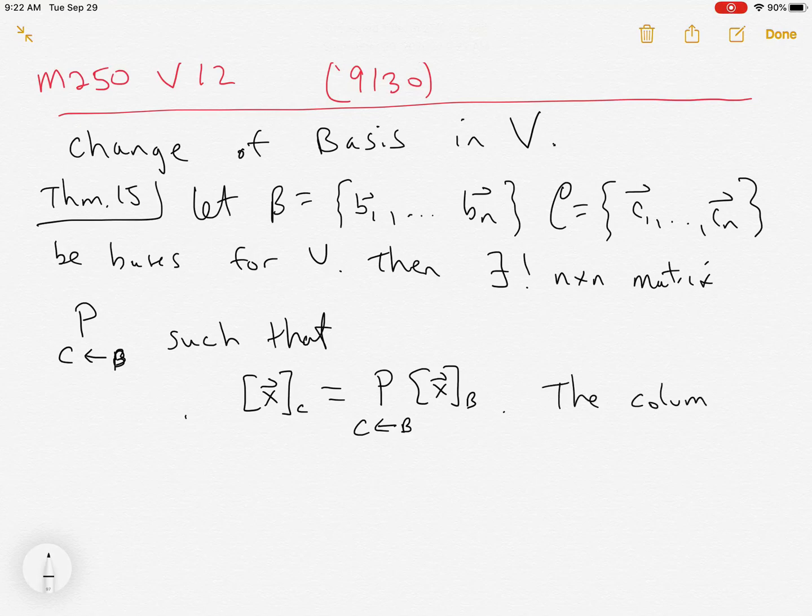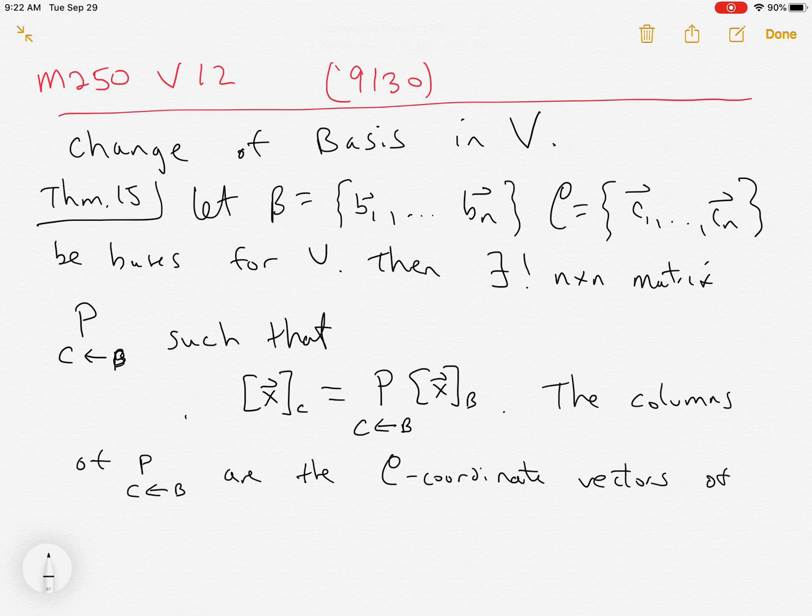The columns of P are the C coordinate vectors of the vectors in the basis for B. Okay.